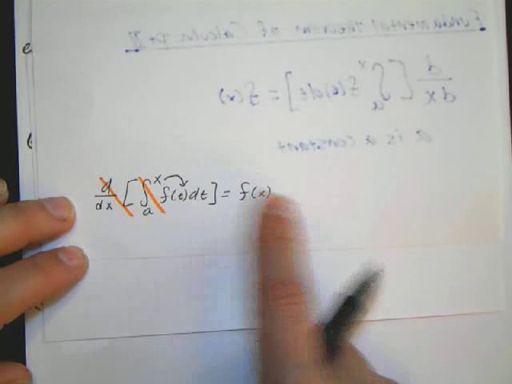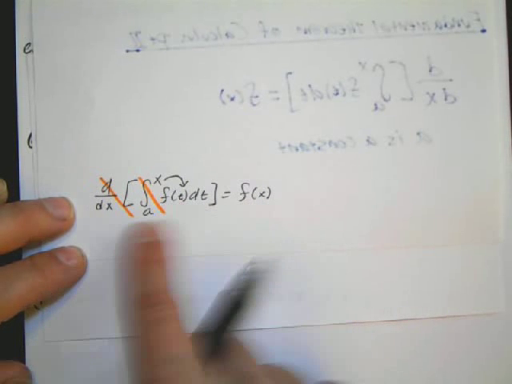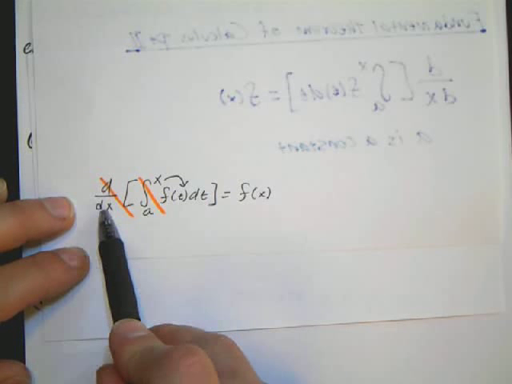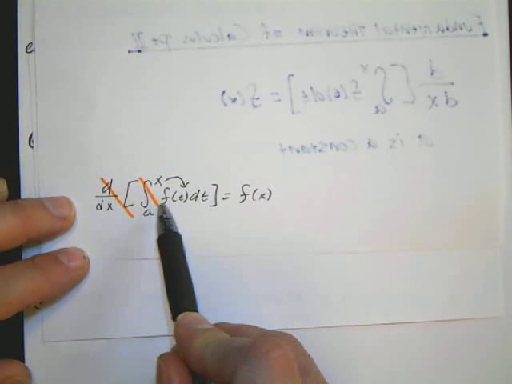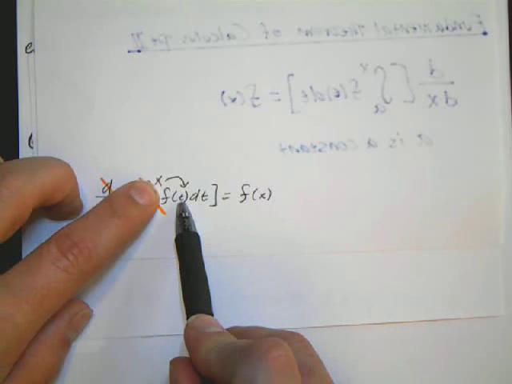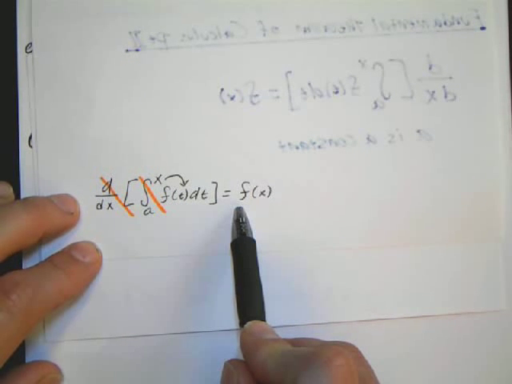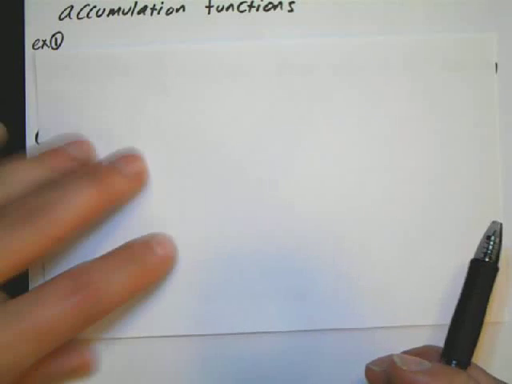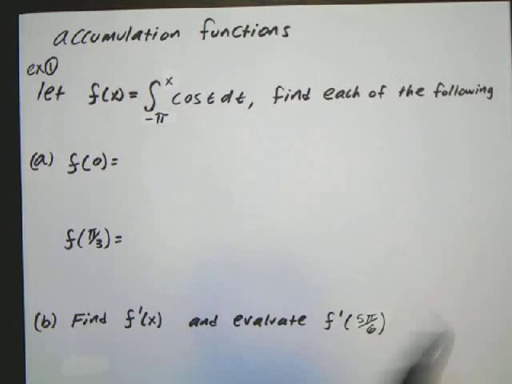Now I'll do a separate video as a bonus as to why this is true. But all you really have to remember is that a derivative of an integral cancels out, and you're able to swap in the top variable, and that's it. So there's the bonus video if you want to see why this is true. But for now, we can just work off of that and go over some examples.